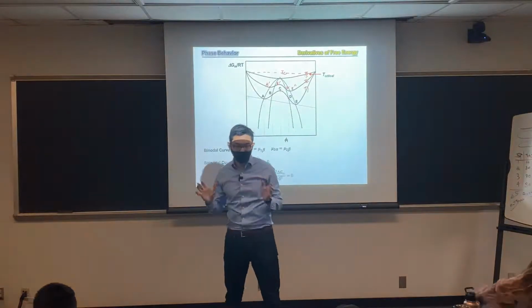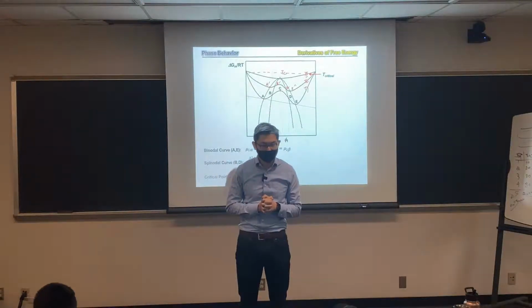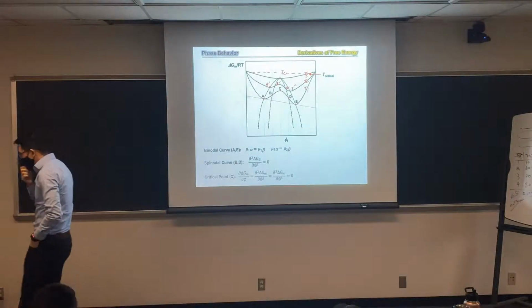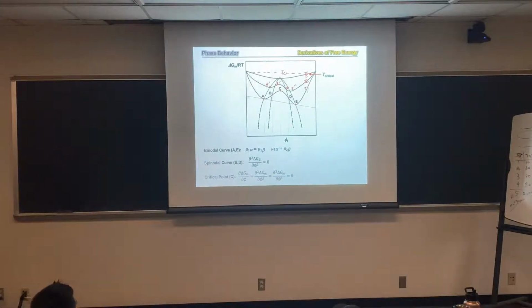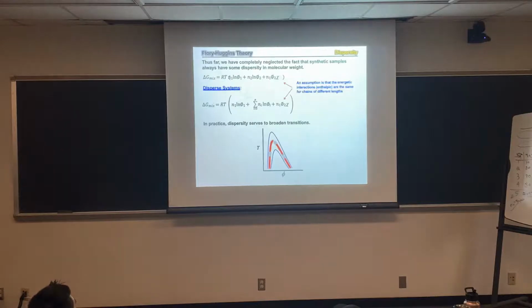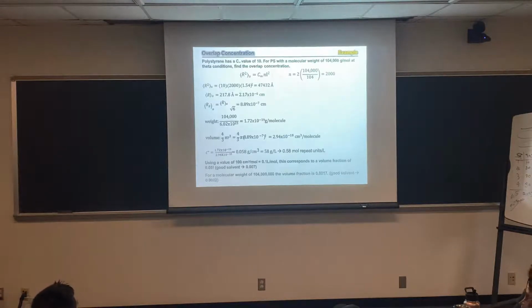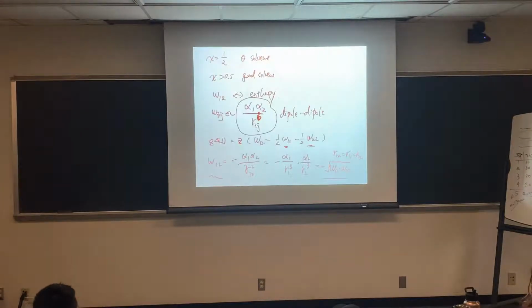It's all encoded here, and you should be able to get all of this if you understand. So as everybody sees, the chi parameter plays a big role. So what is the role of the chi parameter? That's the topic we're going to talk about today.